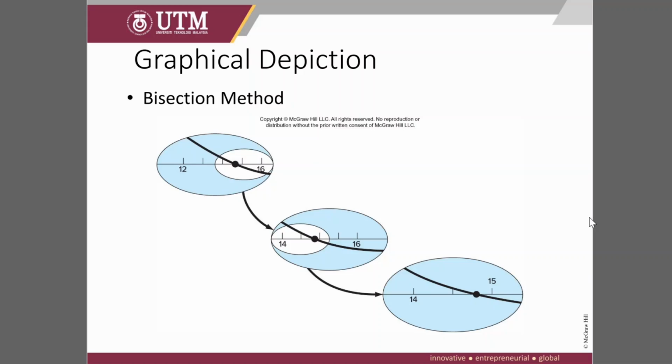So this is just what I did just now. Our first guess was XL, and then this is our XU, and this is our XR. So we know that during the first iteration, the upper subinterval is where the root is.